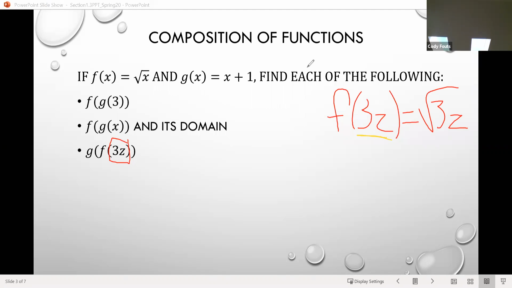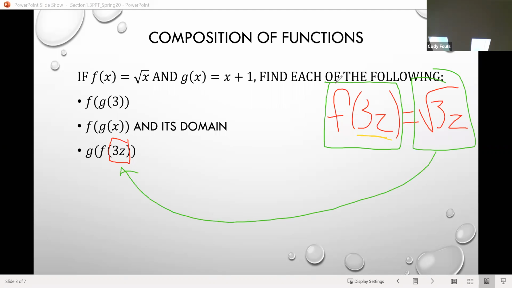So now I'm going to box this in green. Since f of 3z equals this, it now takes the place of f of 3z over here. So we'll have now g of square root of 3z, that's our input now.